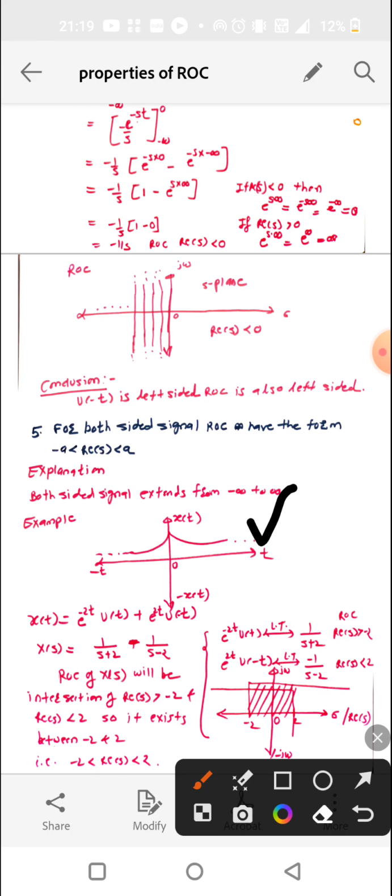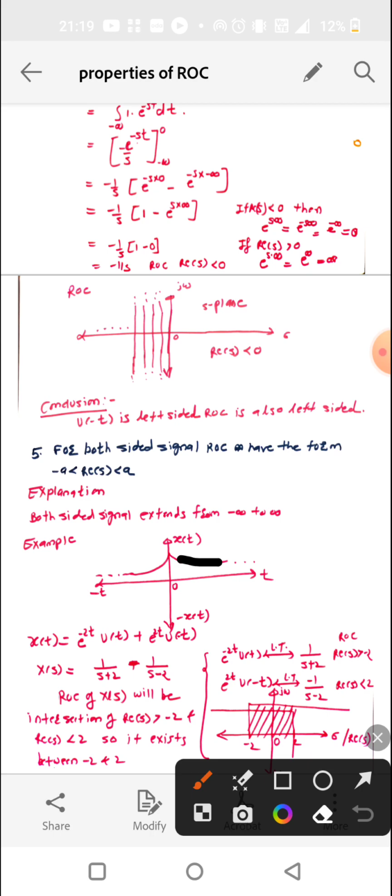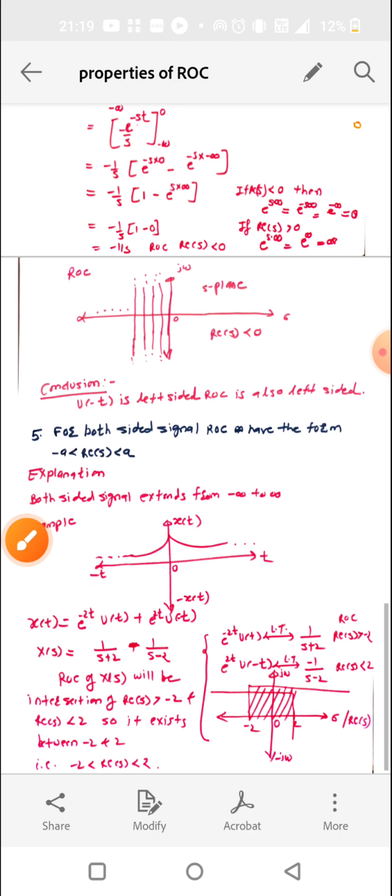So how is this signal formed, you know, this is your e raised to a t, minus a t. Here we are taking e raised to minus 2t. If e raised to minus 2t is multiplied with u(t), you will get this portion.